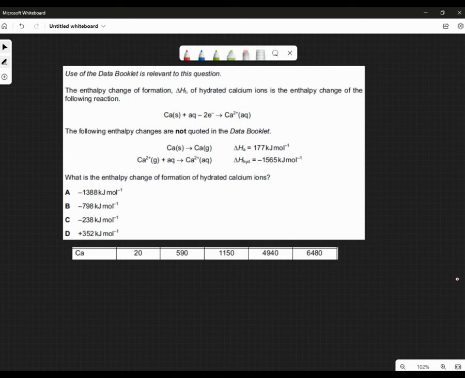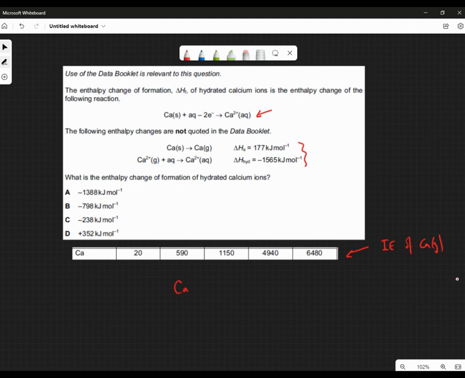Okay, this one looks a little bit confusing, but there we are. Right, now it says use of the data booklet is relevant to the question, and we needed this information from the data booklet, which is the ionization energies of calcium. Okay, that's what we needed. So here we go. Basically, we've got to give this using these two and the first and the second ionization of calcium. Okay, so let's do that first.